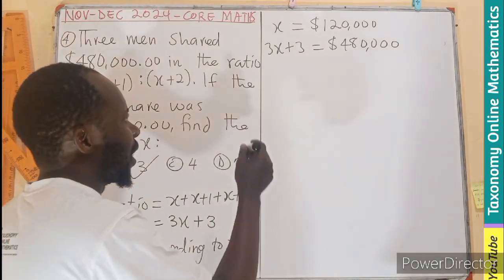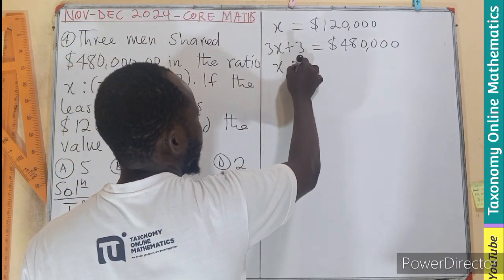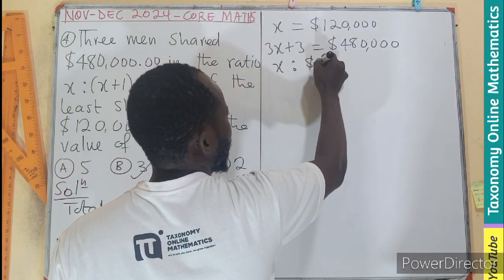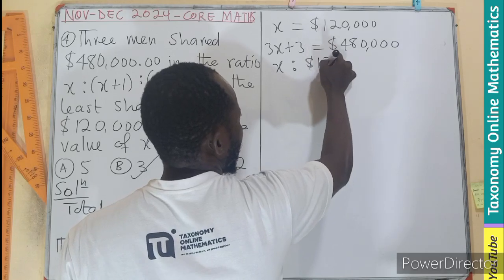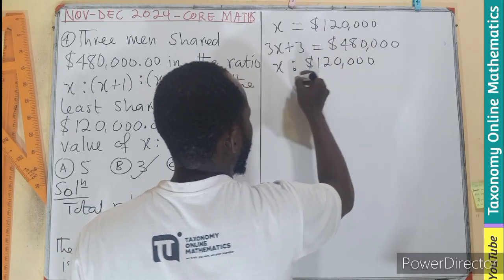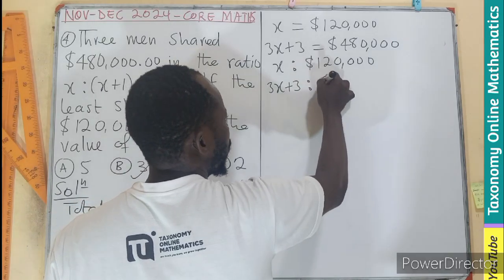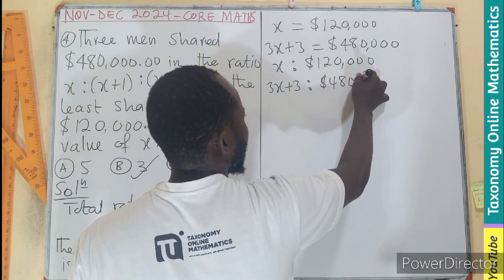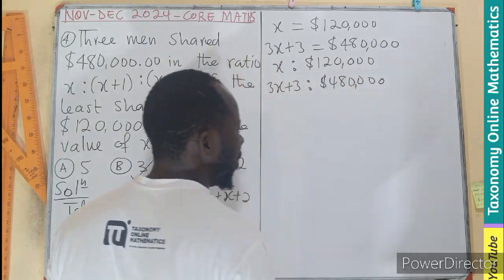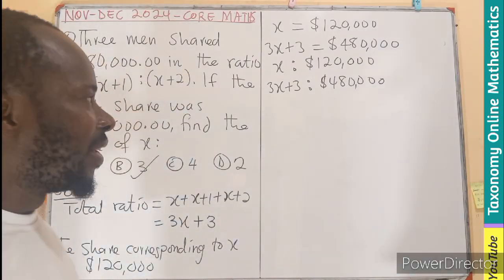We can also make it as a ratio. So x is to 120,000, then 3x plus 3 is to 480,000.